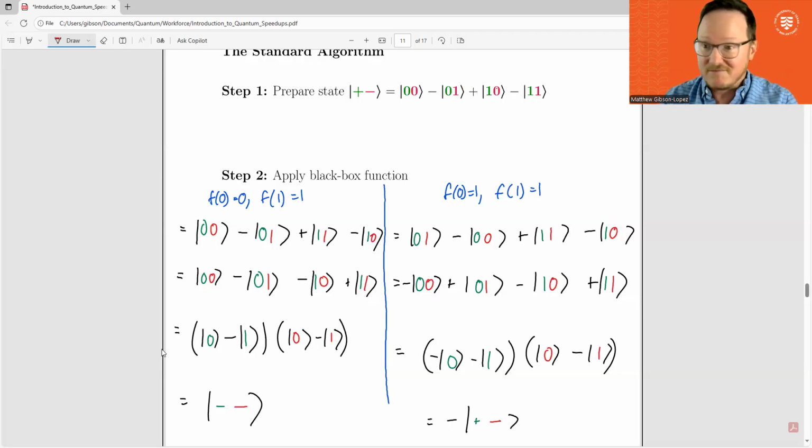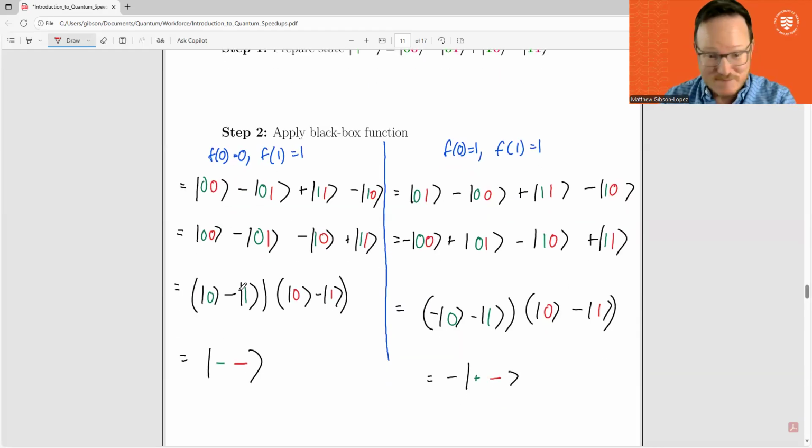I don't know what it is, but I can measure the qubits, really the first qubit, and I can figure out if the answer is plus or minus, and it will tell me that. And depending on that answer, I can figure out if the function f, if the two inputs agree on their answer or if they disagree.